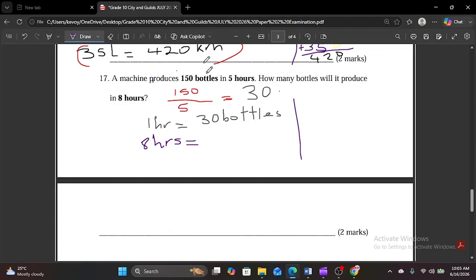So it's the same approach as above. So 30 times 8, that's going to be 8 times 0 is 0. And then we know that we have 8 times 3. So 8 times 3 is equal to 24. So that means in 8 hours, that will give me 240 bottles. Okay.